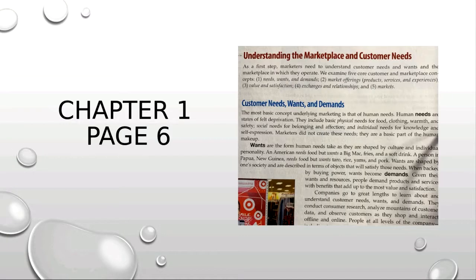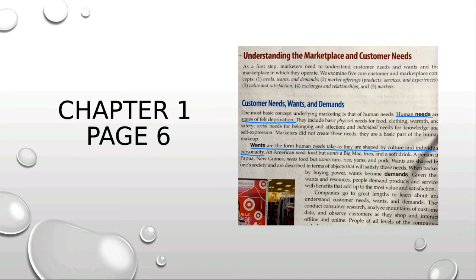Chapter 1, page 6. We can see that human needs are states of deprivation. Wants are the form human needs take when they're shaped by culture and individual personality. Then they give the example of an American needs food, but they want a Big Mac, fries, and a soft drink.